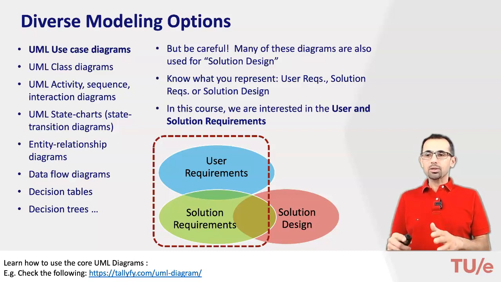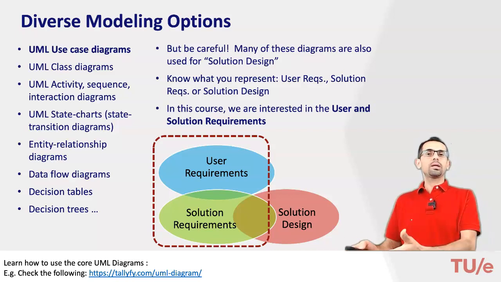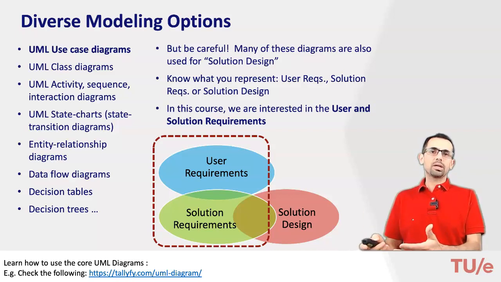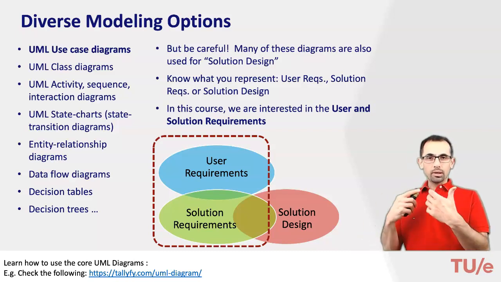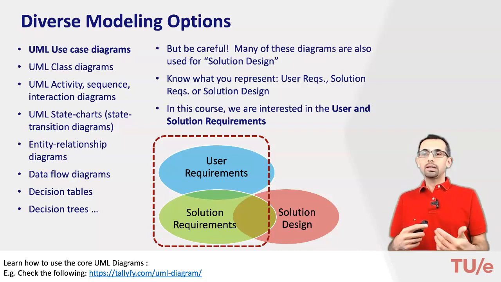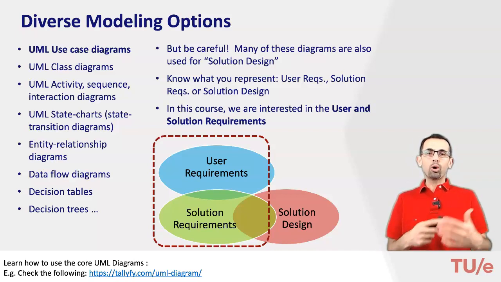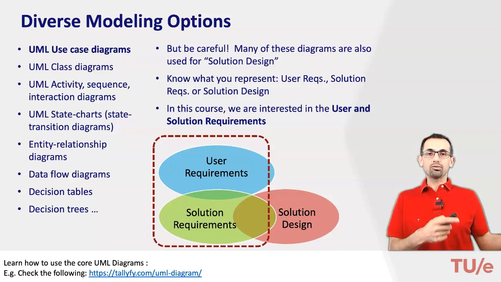I'll give examples. For instance, class diagrams. You can start using class diagrams at a very early stage to represent user requirements, or data aspects of user requirements, and then you enhance them when it comes to solution requirements, and then you put much more detail into the class diagrams to represent the solution design.